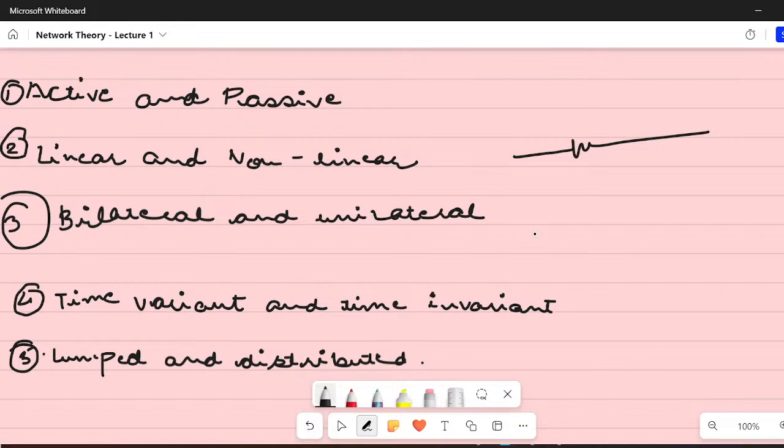And electronics is essentially a lumped parametric system, right? Field theory, on the other hand, would be applicable to distributed parameters, right?